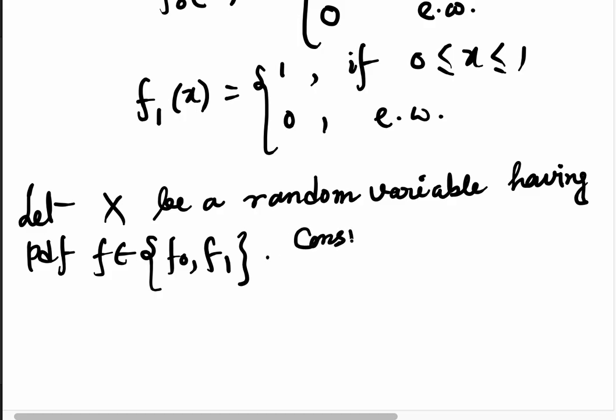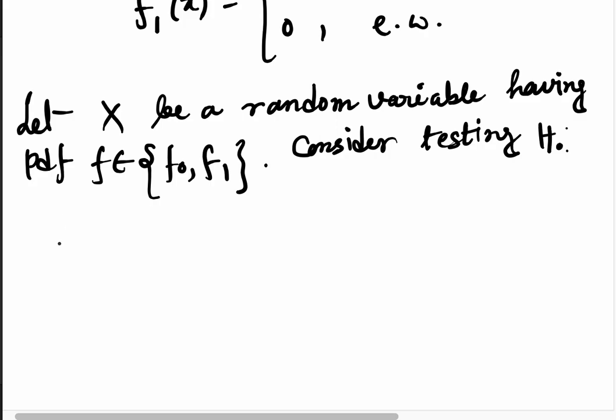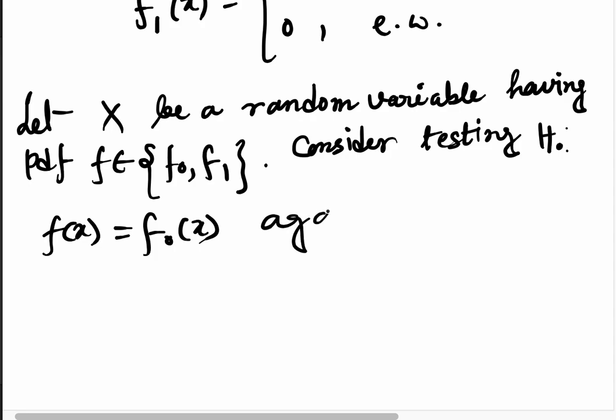Consider testing H0: f(x) = f0(x), that is, the null hypothesis is that the probability distribution is f0(x), against H1: f(x) = f1(x).